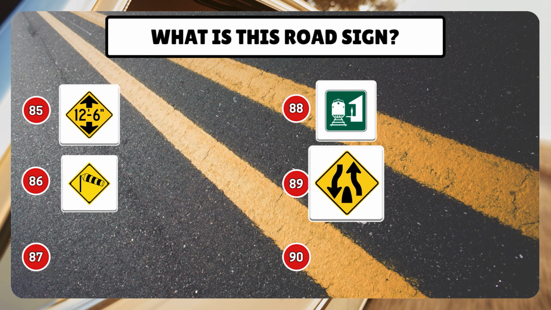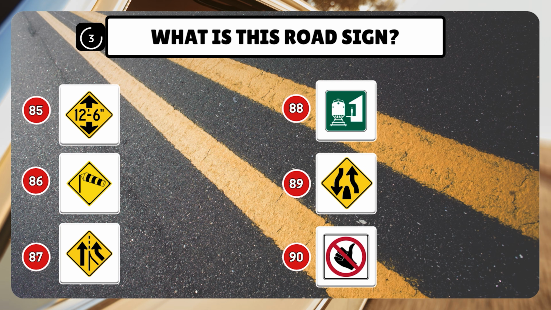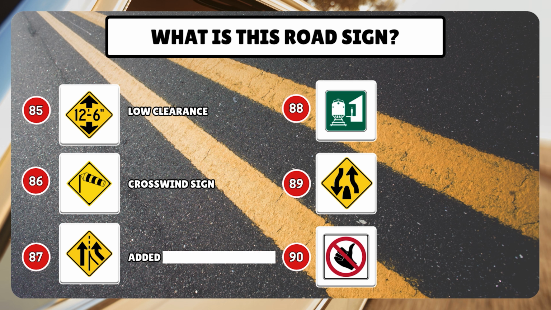Can you name this traffic sign? Excellent. That is a low clearance sign. That is a crosswind sign. That is an added right lane sign.